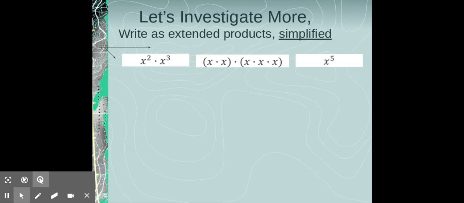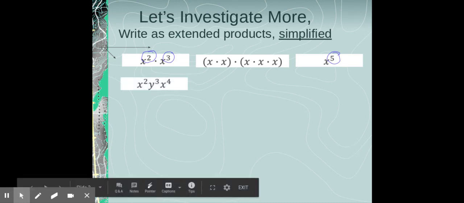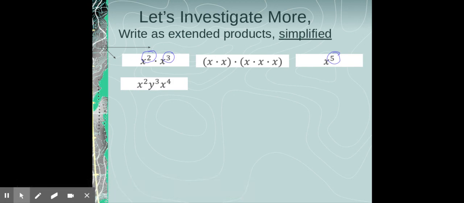Okay, so let's look at another example. And after we've looked at a few, I want to try to make a conclusion about what is happening here with the exponents that we get at the beginning and how they end up at the end. You might already be starting to draw your own conclusions. All right, let's look at this one. x squared, y to the third, times x to the fourth. Let's expand it out.